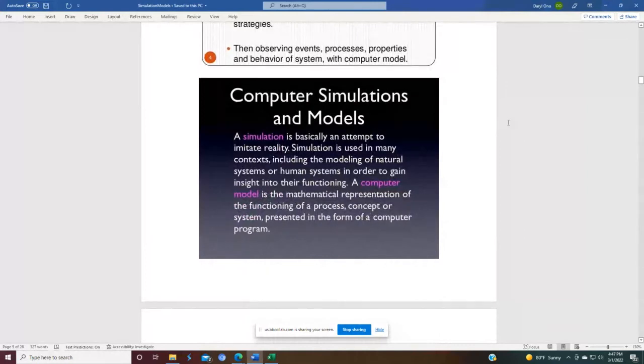Here's another good chart here. It's an attempt to imitate reality. Simulation is used in many different situations. And a computer model is the mathematical representation of the functioning of a process, concept, or system. All of this is done through a computer program. So we're going to try today a very simple calculation and formula that you use.